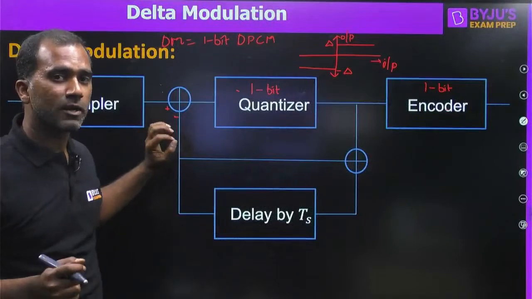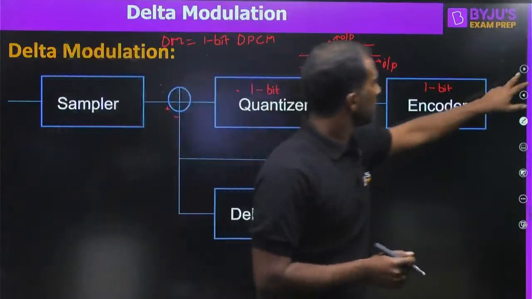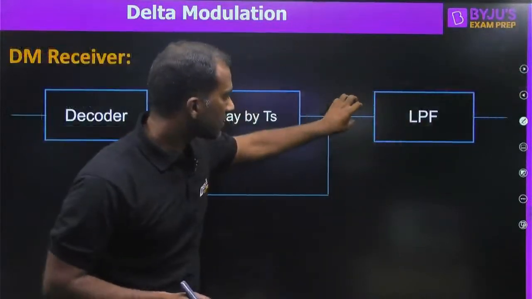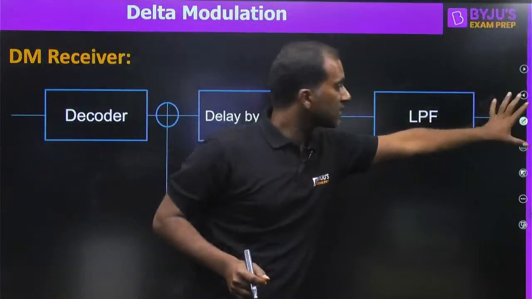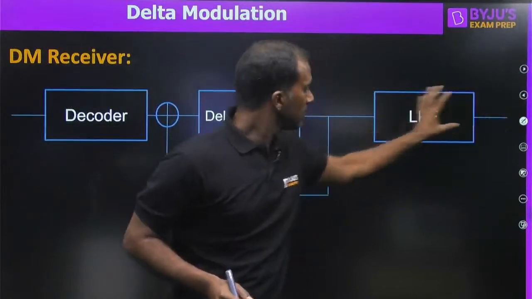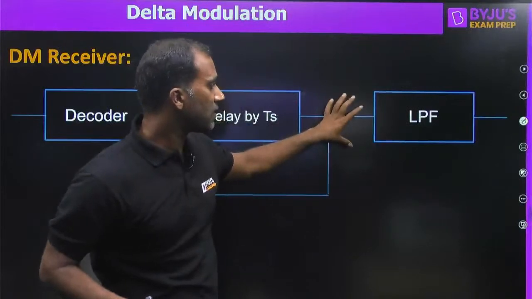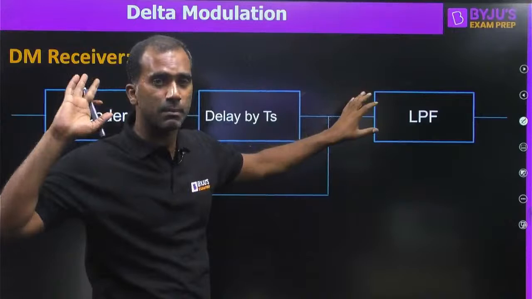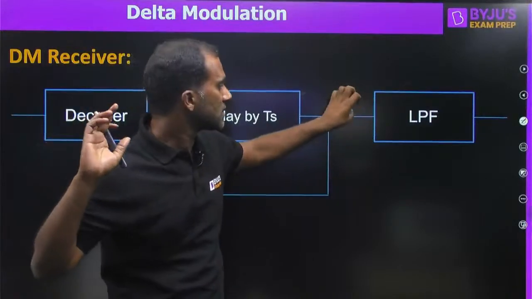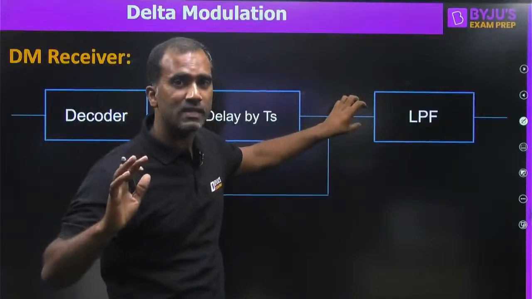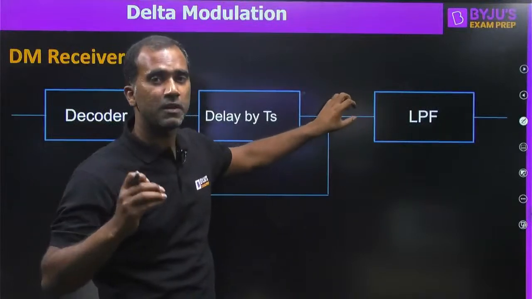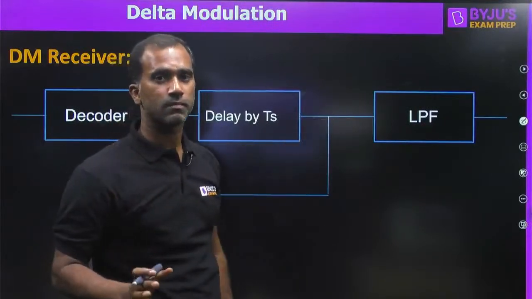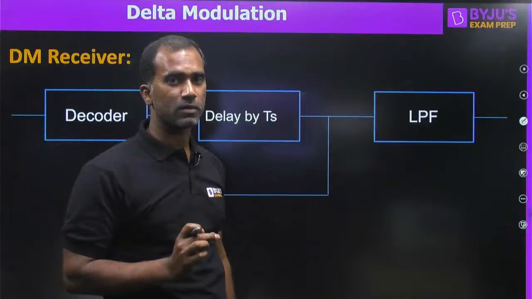I stressed that point in yesterday's session. Here we won't have the final analog signal; we'll have a staircase kind of waveform which contains the quantized samples that we see in the feedback. So the signal here is exactly the same as the signal that we see in the feedback of the transmitter circuit. That is a very important point.